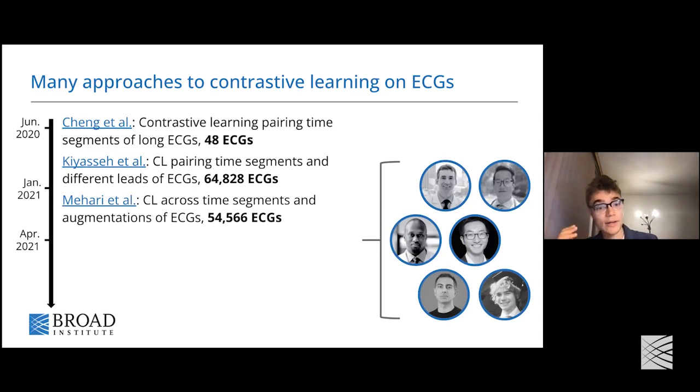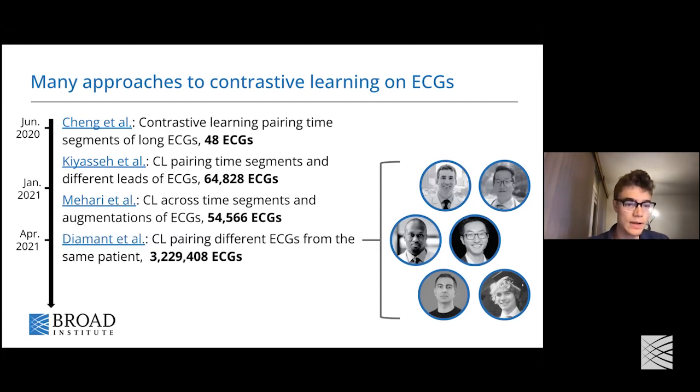And then Mehari et al., they compared a bunch of different augmentations, both from the time series literature and from more physiological ECG-based literature. And then our work did contrastive learning pairing different ECGs from the same patient with no augmentations.